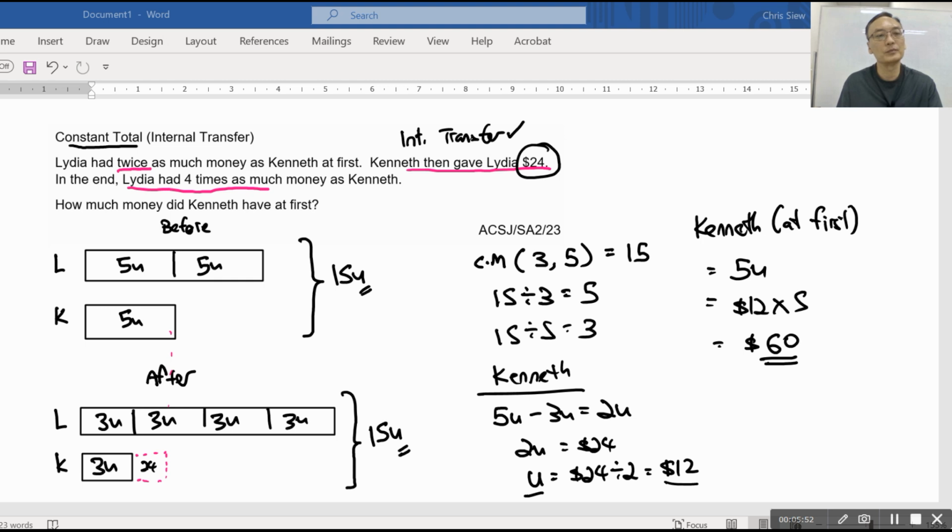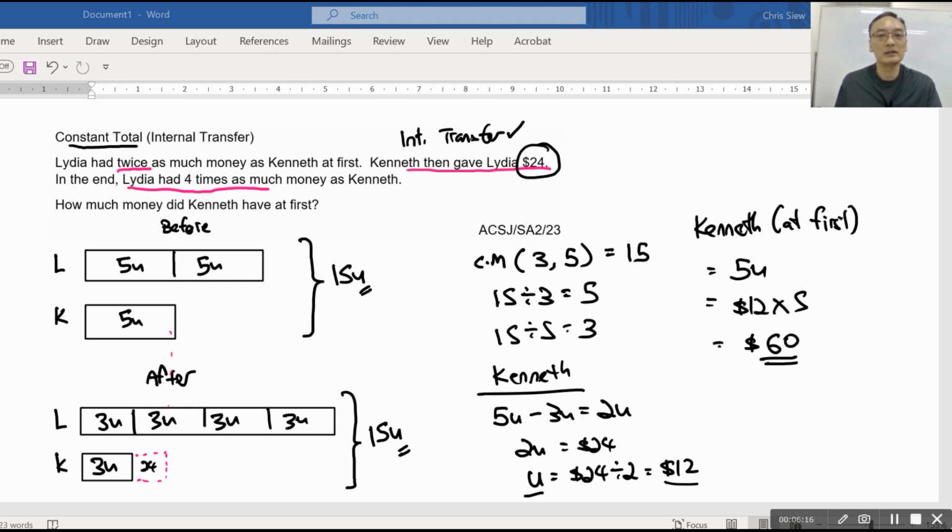And from here, we should be able to track the changes for Kenneth. Kenneth used to have 5 units, now he's down to 3 units. So the difference of 2 units is equals to 24, 1 unit will be 12. And to find Kenneth, which is 5 units, we just simply take 12 times 5 and we arrive at $60.